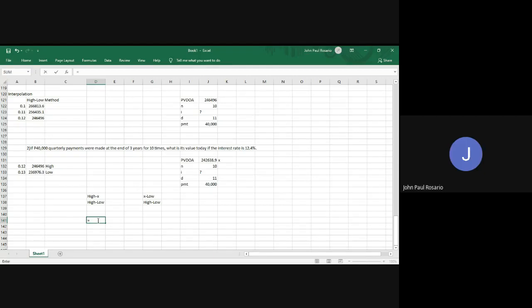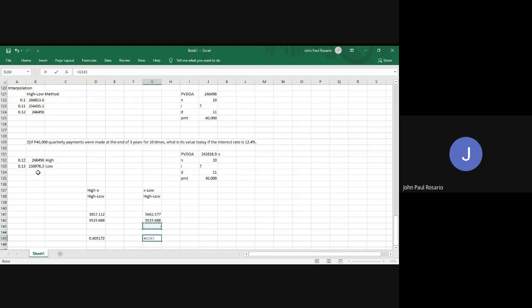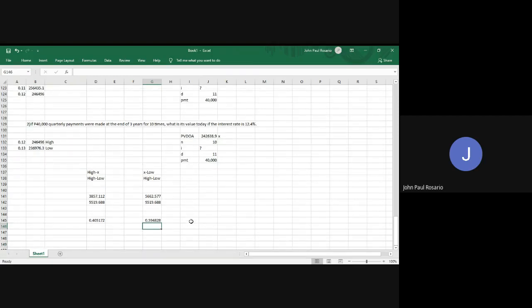Okay, so high minus X, over high minus low. On the other side, it's either X minus low over high minus low. And then we divide these two. So with that, to solve for the interest rate, it's this way.